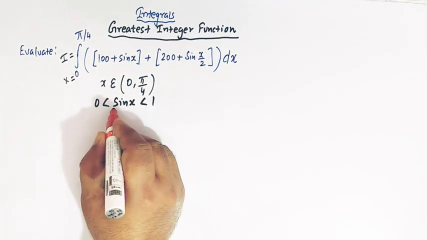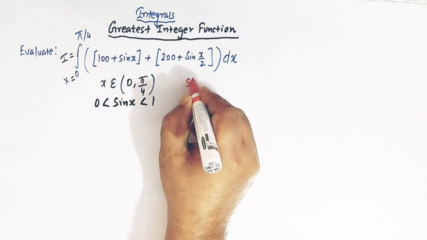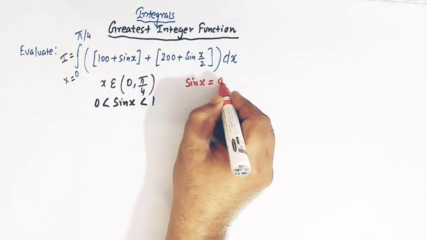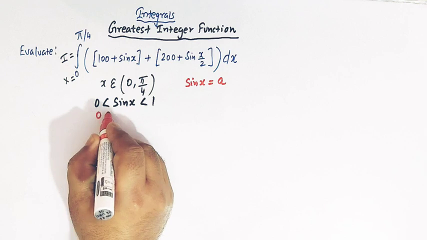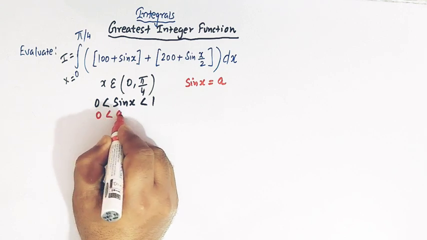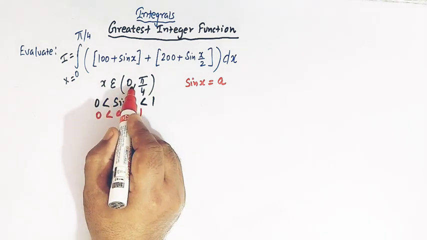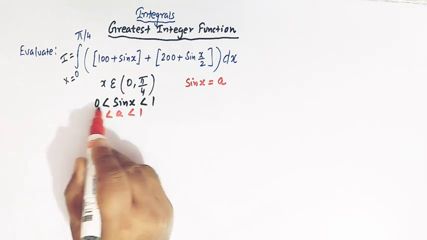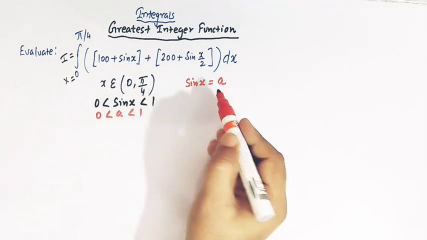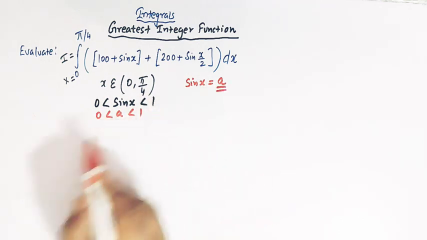Now let us consider sine x equal to some number, say a. So we have 0 less than a, and this is less than 1. When x belongs to 0 to pi by 4, then sine x lies between 0 and 1, or in other words, a lies between 0 and 1.